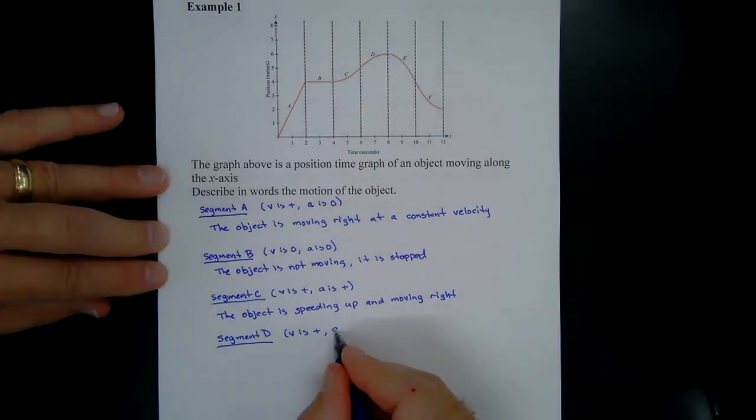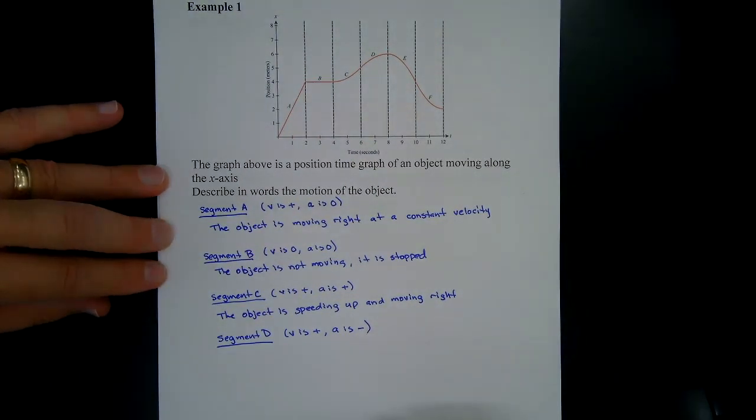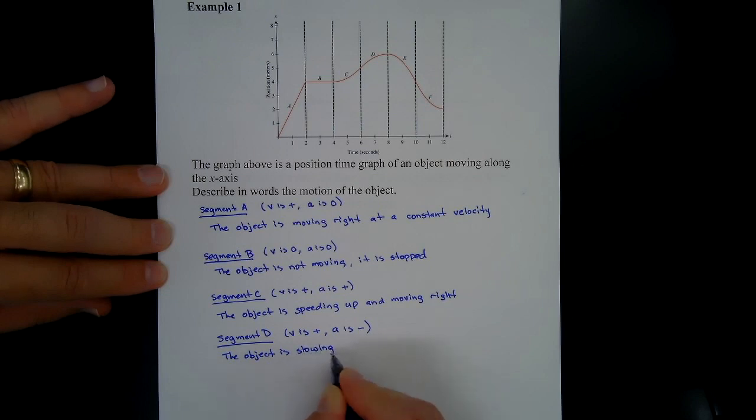So that means the acceleration is negative. And so because the velocity is positive and the acceleration is negative, they're opposite signs. That means the object is slowing down, and since the velocity is positive, it's moving right.